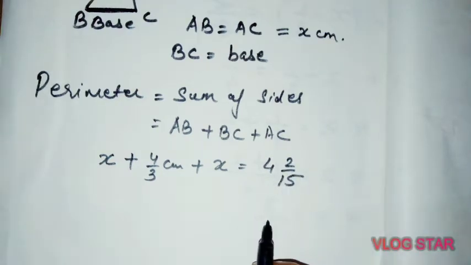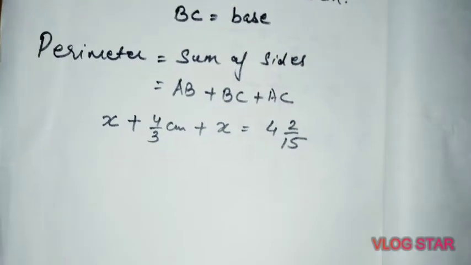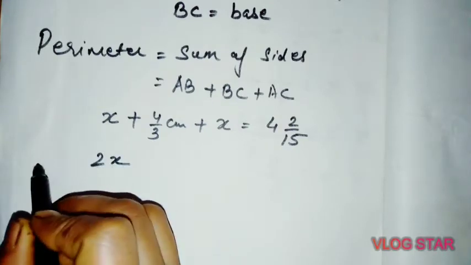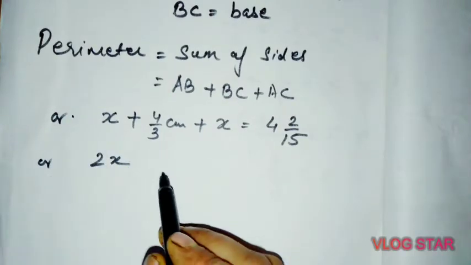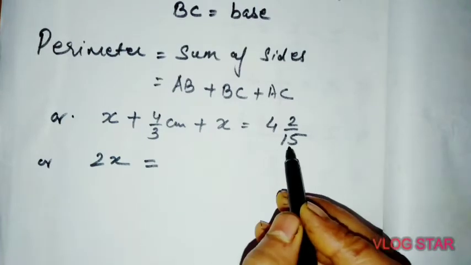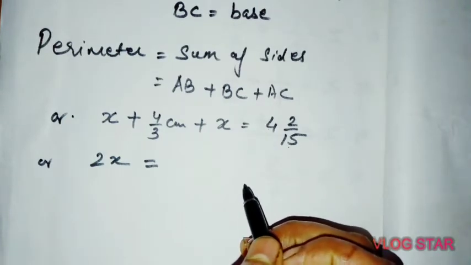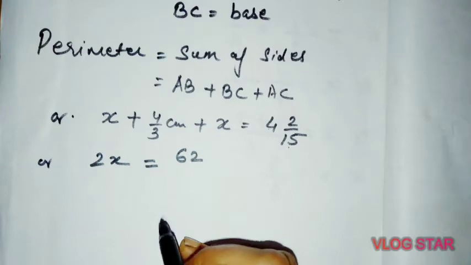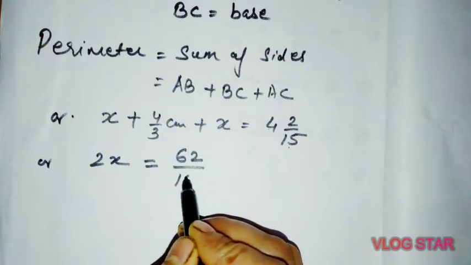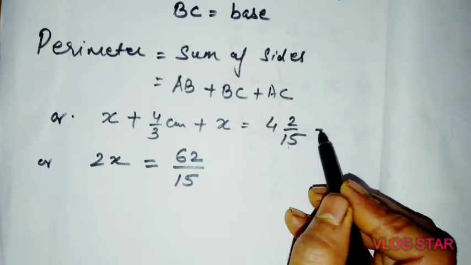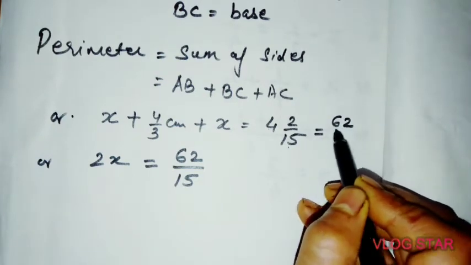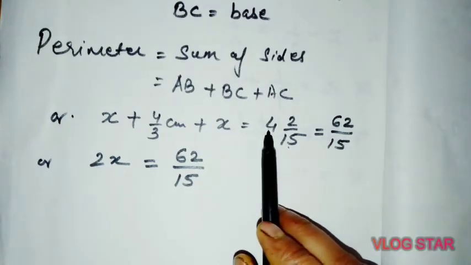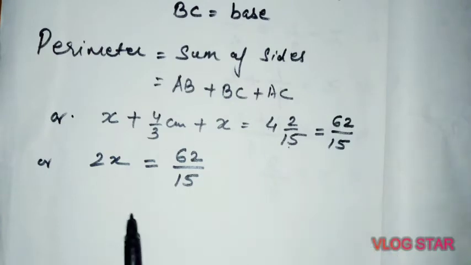Now this 4 and 2 upon 15 is to be converted into an improper fraction. x plus x is 2x. 15 fours are 60, and 60 plus 2 is 62. So 4 and 2 upon 15 is 62 upon 15.